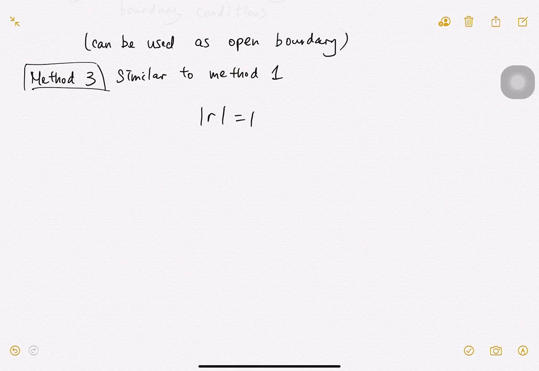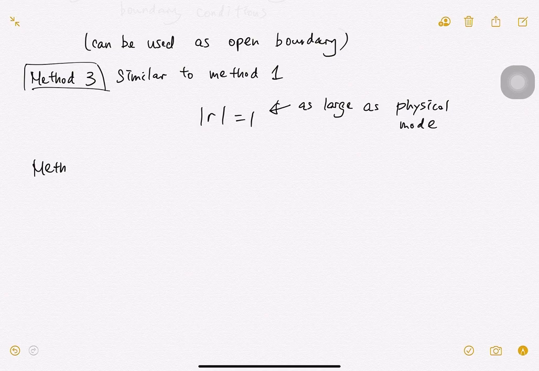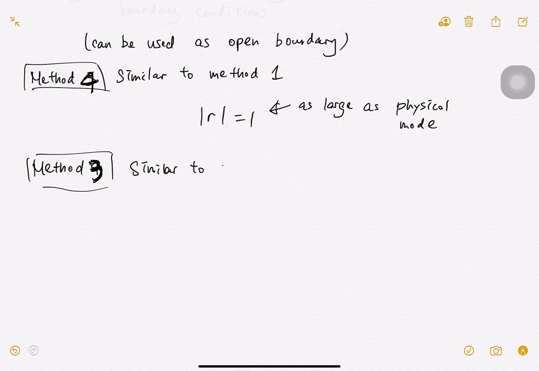This is as large as the physical mode. And then method 4, also, oh sorry, this is 4. For method 3, sorry about this, for method 3, it's similar to method 2.